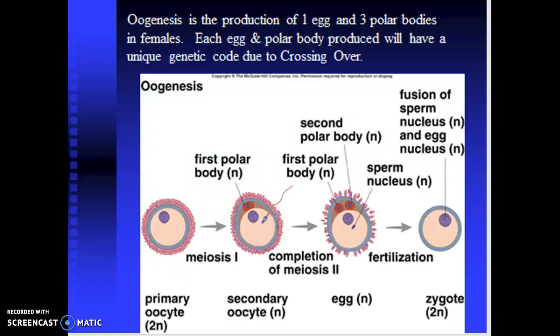It's an uneven division. So we have one large cell called the secondary oocyte and a smaller cell called the polar body. Both of these contain 23 chromosomes. They contain half that information.